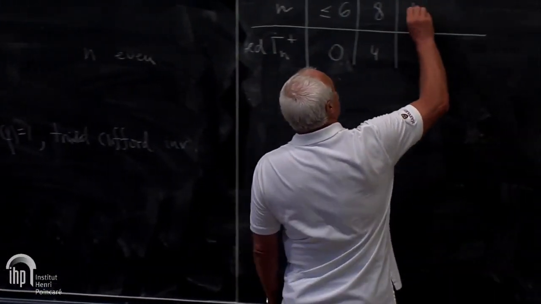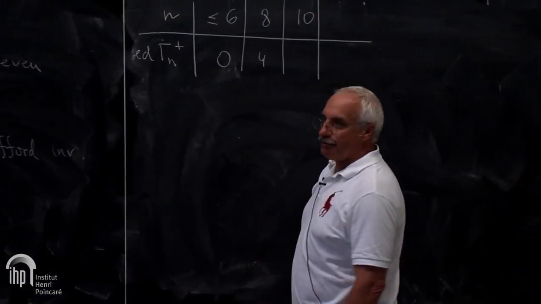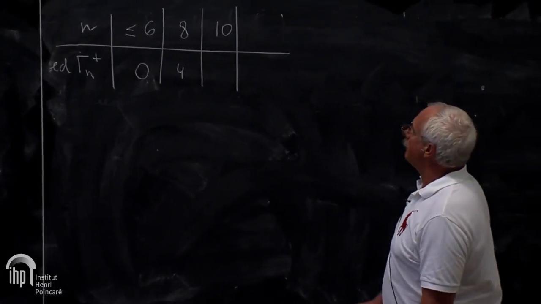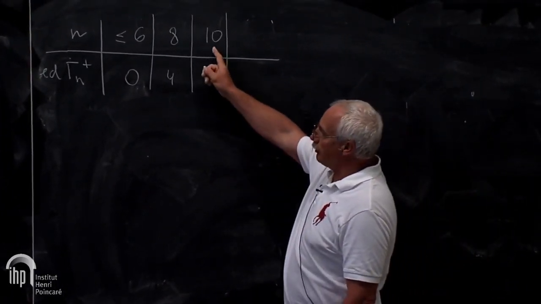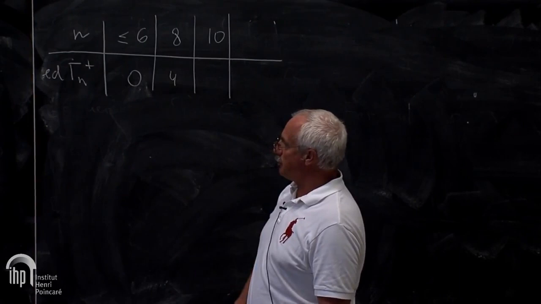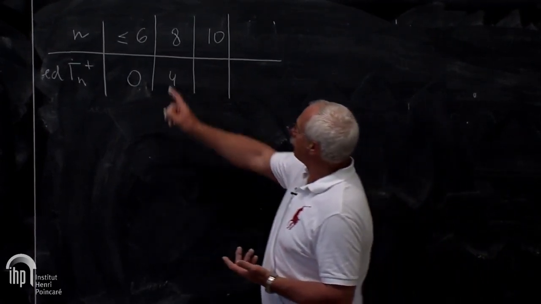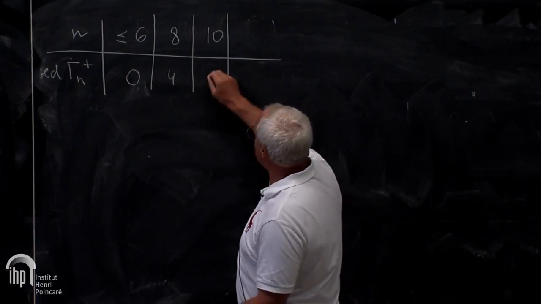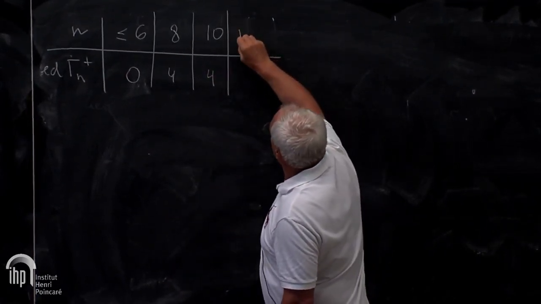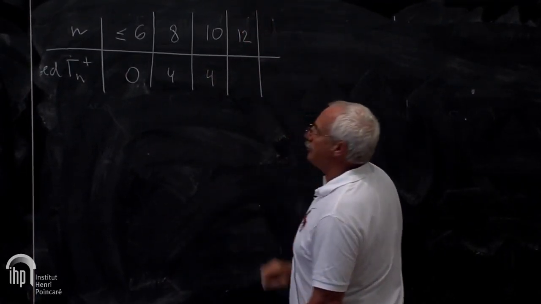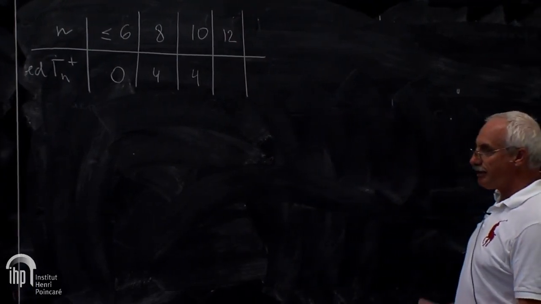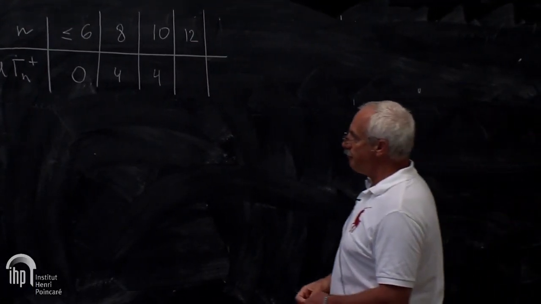For 10. Well, another theorem in quadratic form theory says that every form of dimension 10 with these properties is isotropic, a direct sum of an 8-dimensional form plus a hyperbolic plane, so it's the same number 4. Well, for 12, that was classified by Pfister.